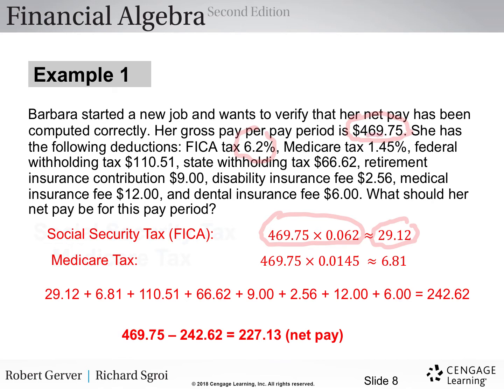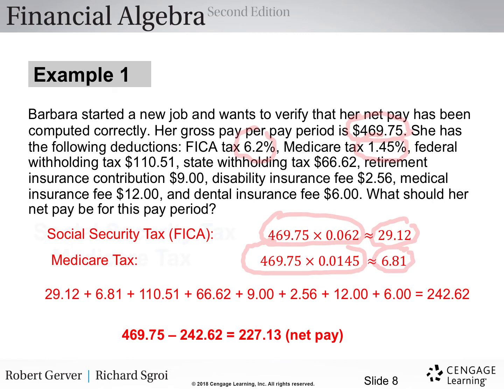Her Medicare tax is 1.45%. So again, she multiplies her gross pay, $469.75 times 0.0145, and she gets $6.81.